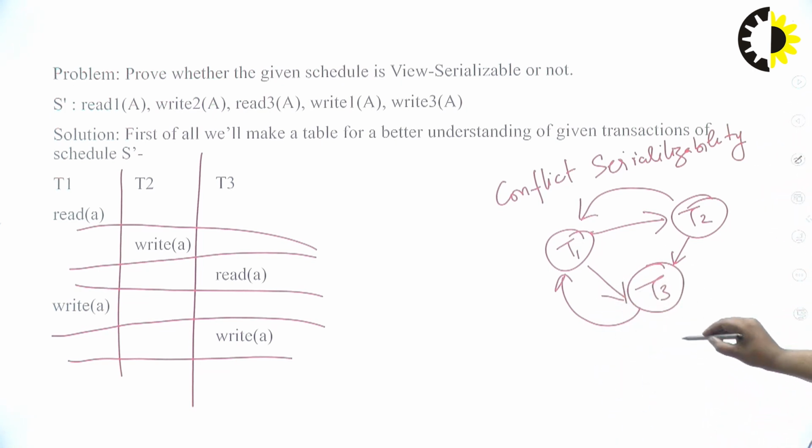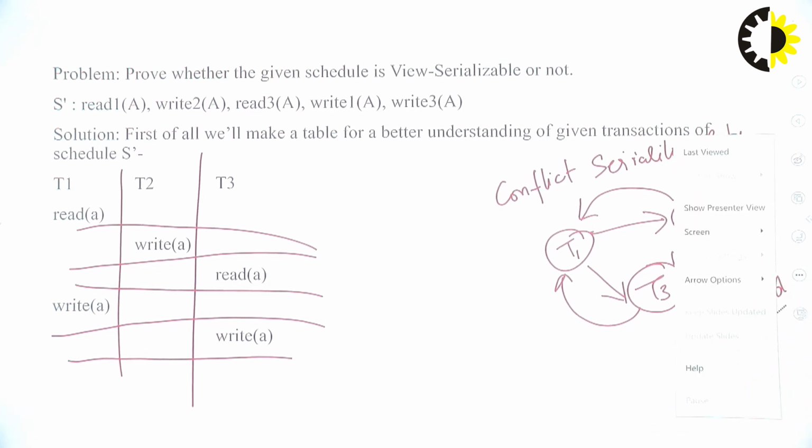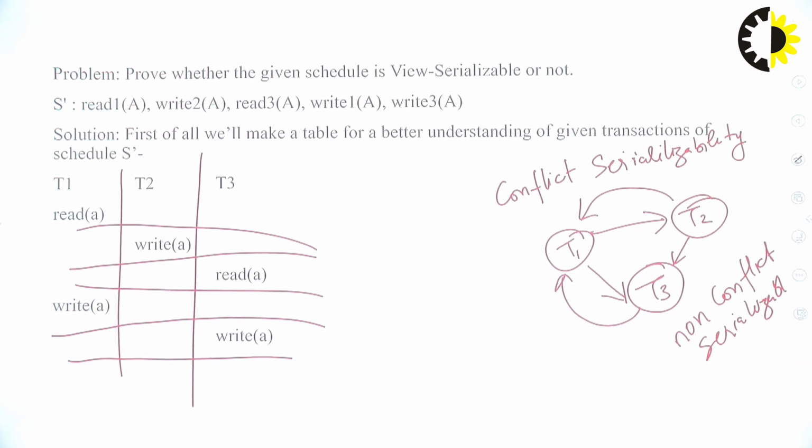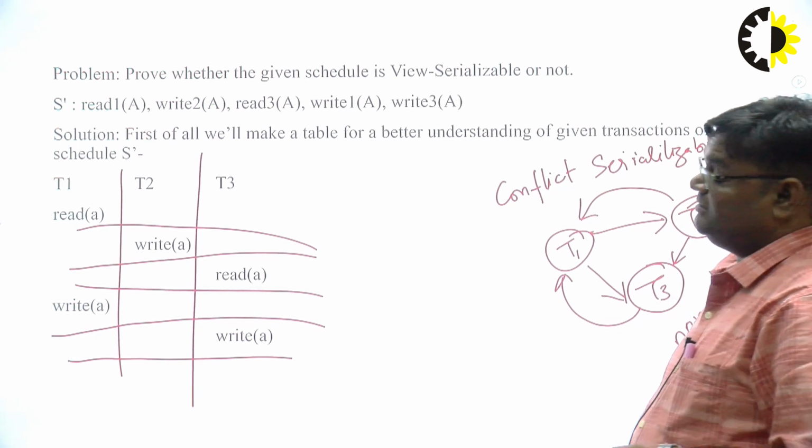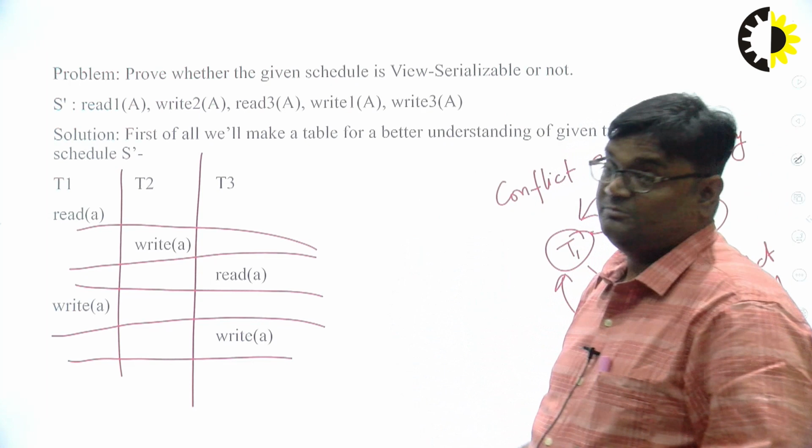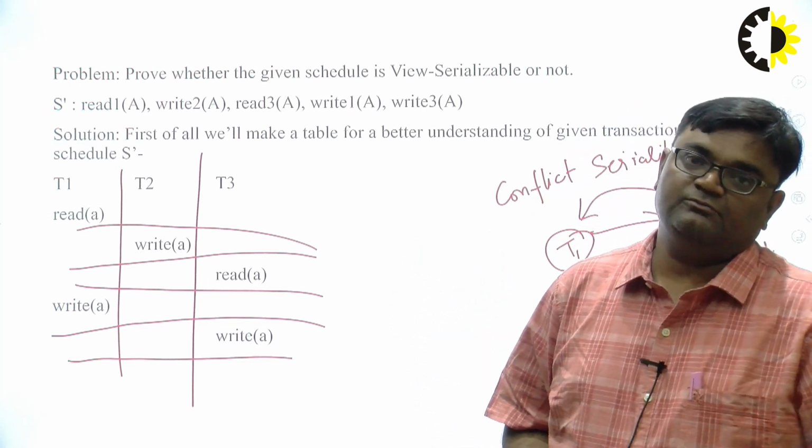We can say that this is not conflict serializable. But if it is not conflict serializable, we have to check for view serializability.